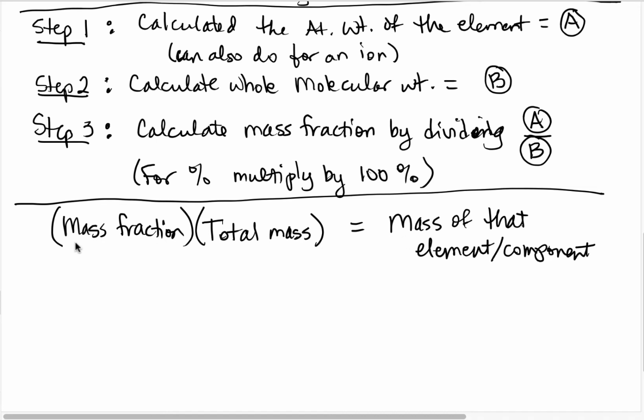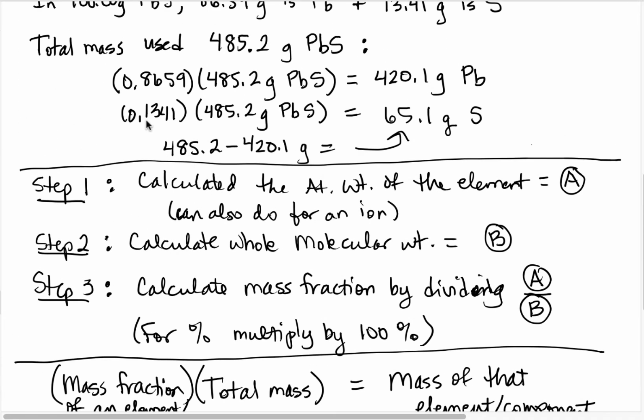And I'll put that detail here. And that's what we did right here. This was the mass fraction, this was the total mass, and this was the mass of the lead. Same deal with the mass fraction of the sulfide, the total mass, and the mass of just the sulfur.